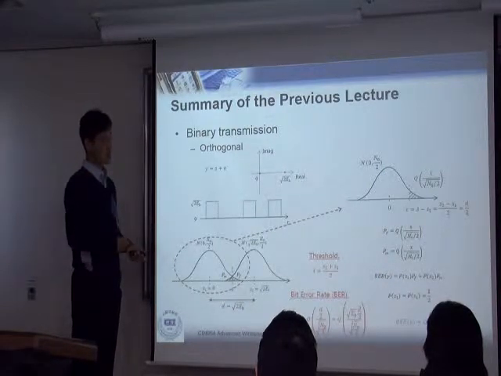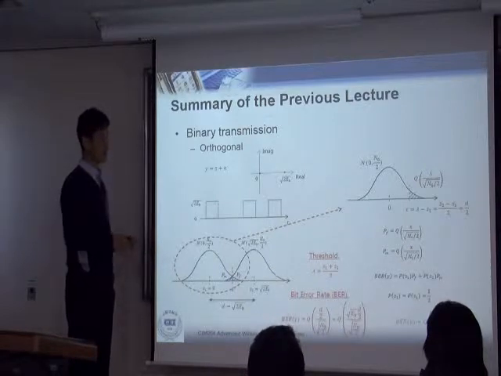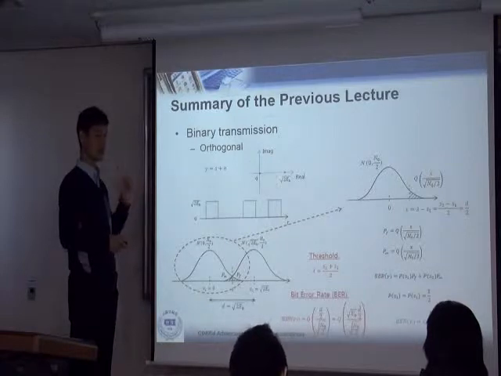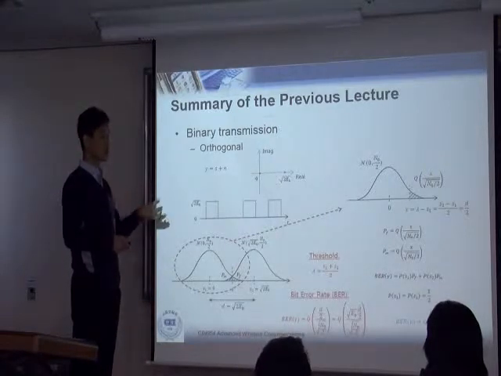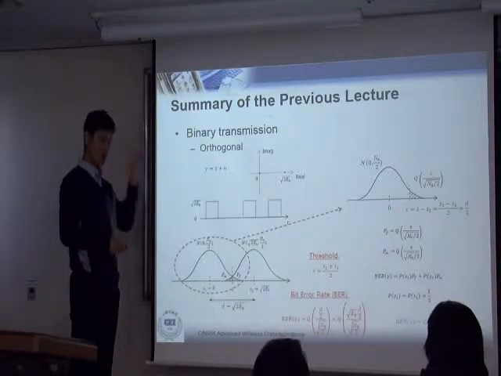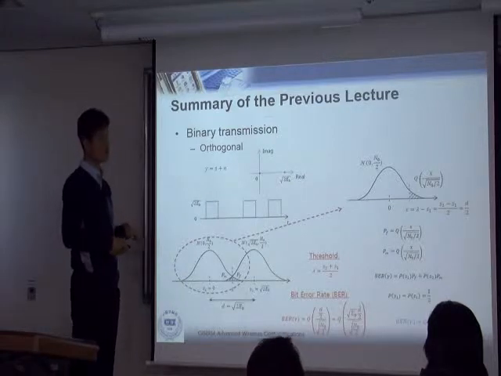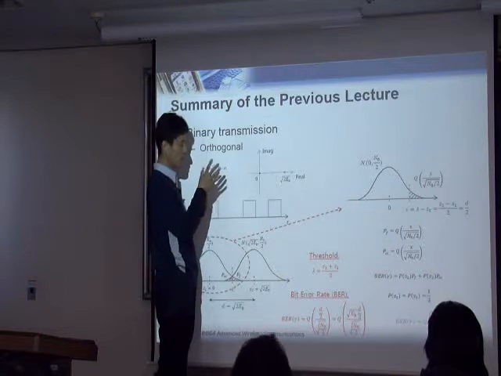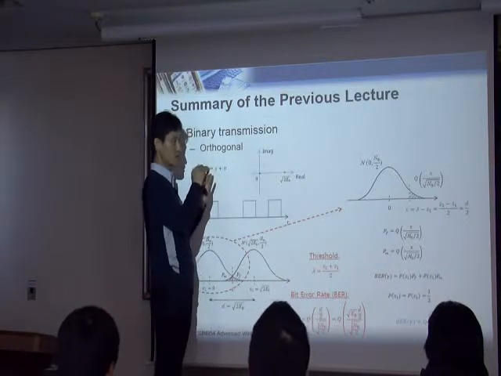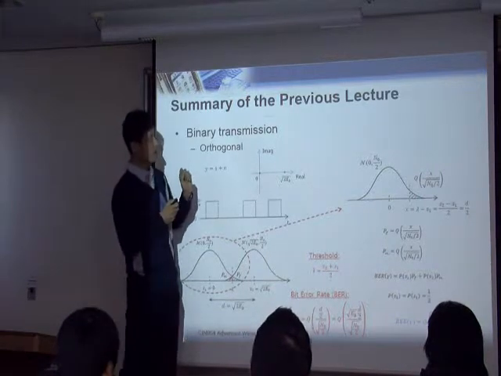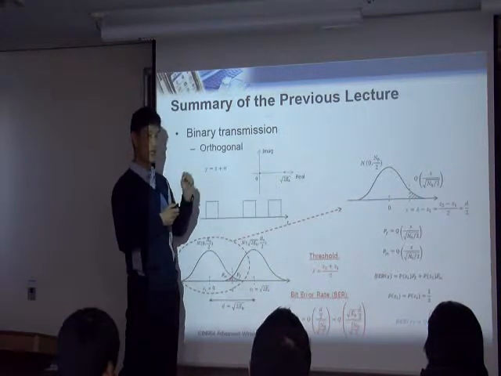In that case, the primary goal is to try to detect some energy, to find out whether there is some user or not. If there is a certain user, then you will detect some energy. If there's no user, then no energy, right? From the receiver point of view, when you do sensing, you will measure some energy.